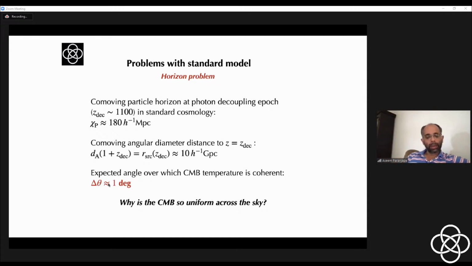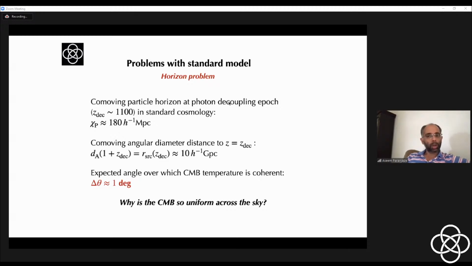Meaning that consider 2 points in the sky which are separated by much more than 1 degree. Okay, let's say I take 2 patches which are separated by 10 degrees in the sky. One this way, one that way. What this calculation is saying is that these 2 patches could not have been in causal contact with each other at the photon decoupling epoch.